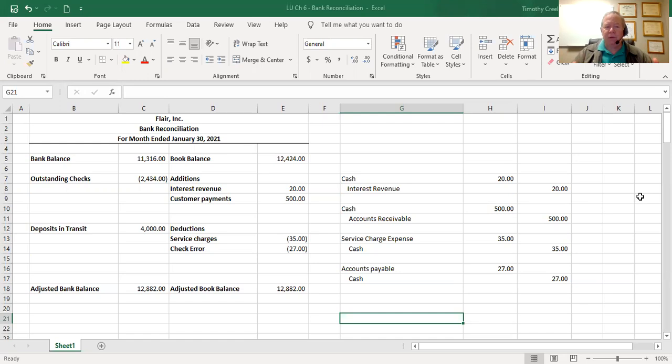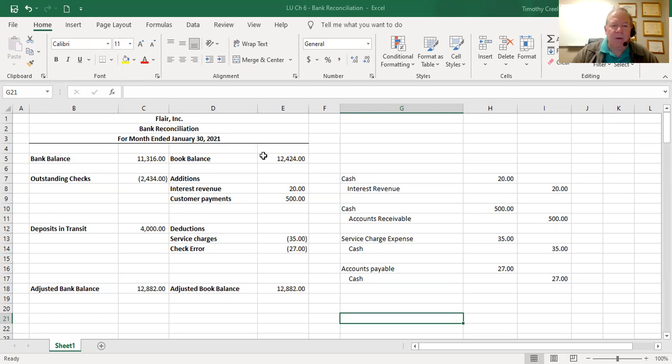It ties back what the company is saying versus what the bank says. And whatever the company needs to adjust on their books, the company would make a journal entry for in order to correct that and show it properly on their books.